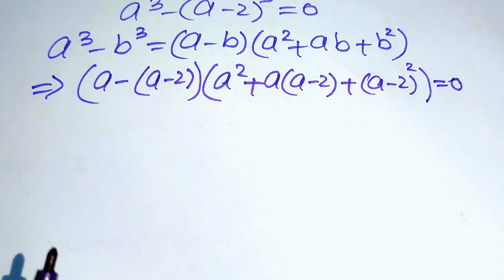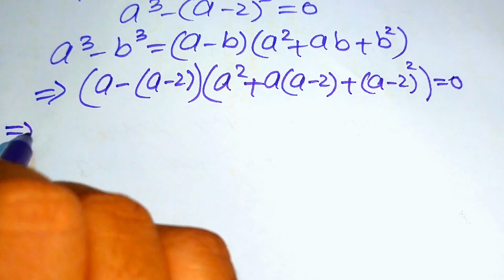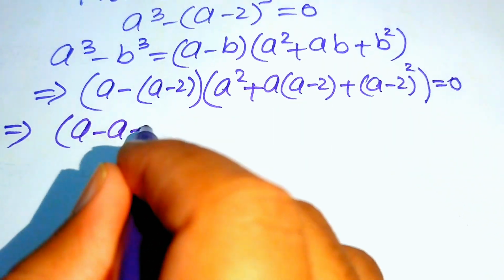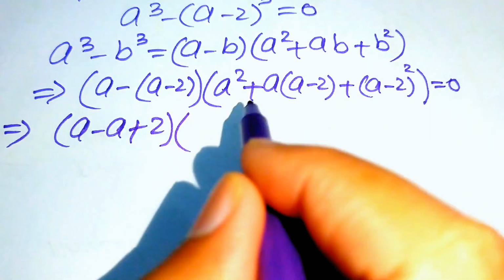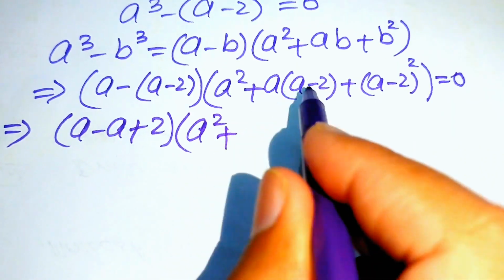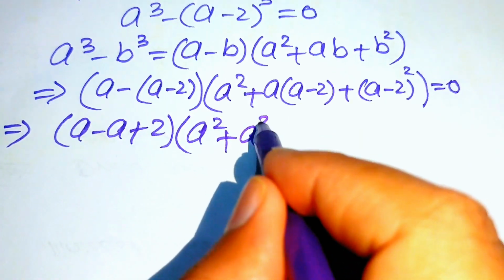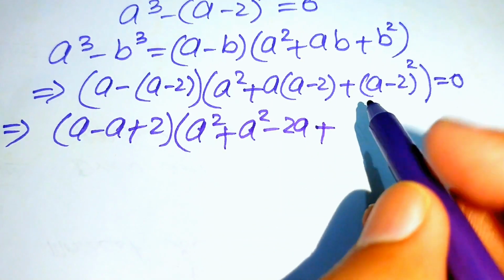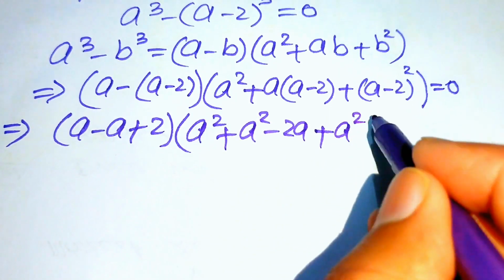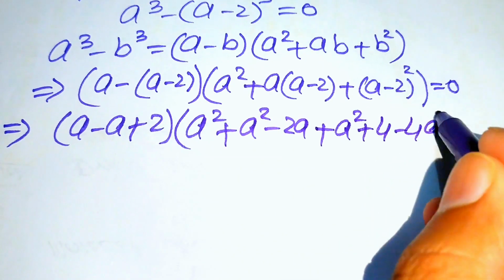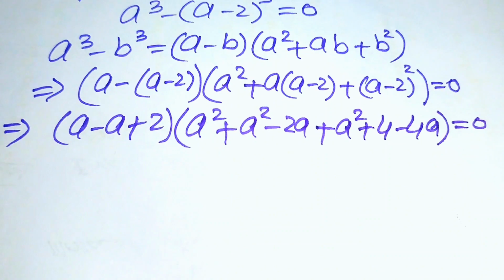Here we need some simplification. First, we distribute the minus on both terms, and we get (a minus a plus 2) times (a squared, plus we multiply a to both terms, which becomes a squared minus 2a. Now we open the square, and it becomes a squared plus 4 minus 4a), and this whole expression equals 0.